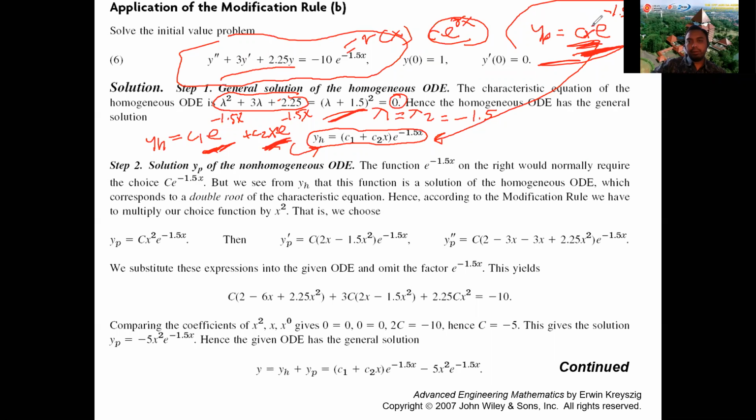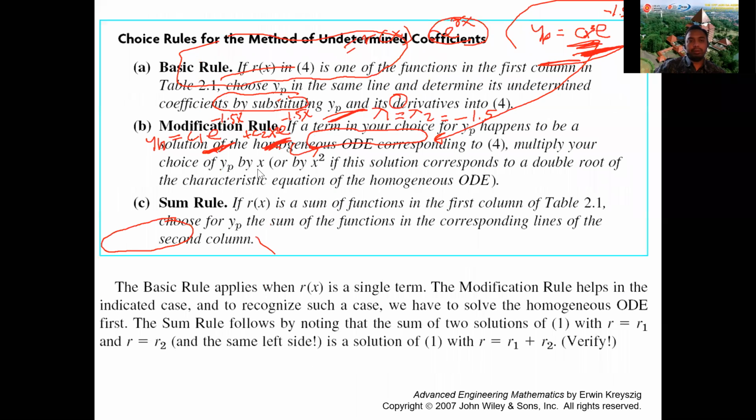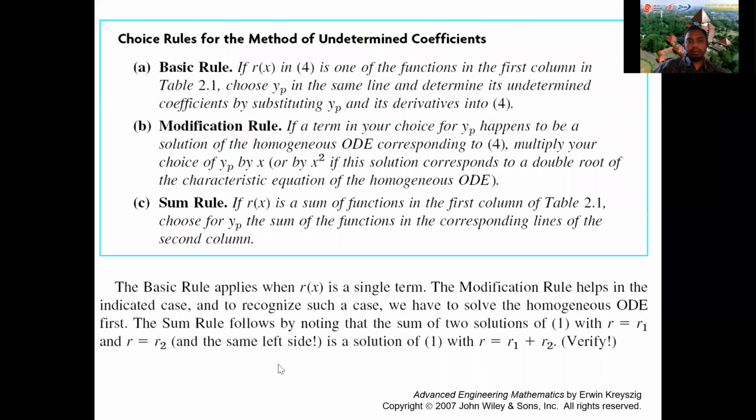So c x squared e to the power of minus 1.5x is your choice of yp. This is the second rule, also called the modification rule. If a term of your choice of yp happens to be a solution of the homogeneous ODE, then multiply your choice by x, or by x squared, or even x cubed if you already have the solution available.